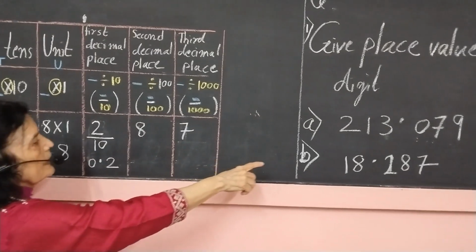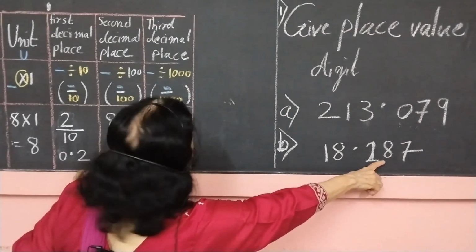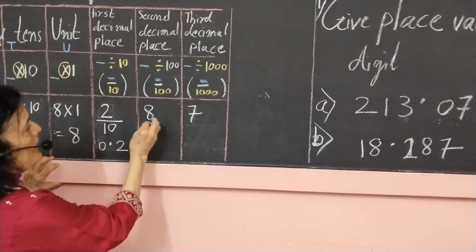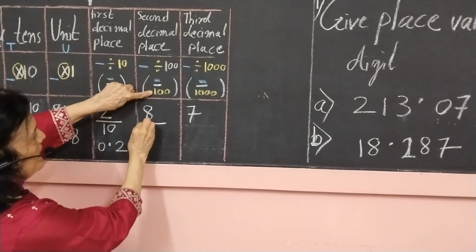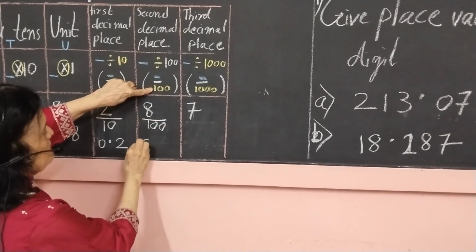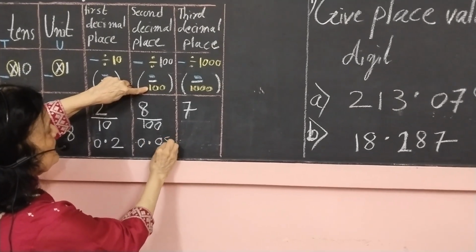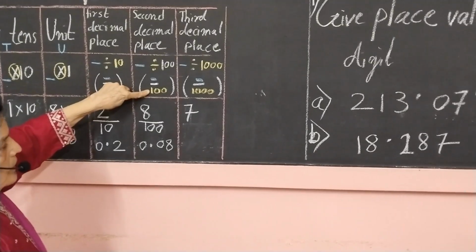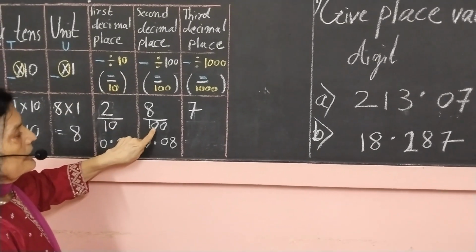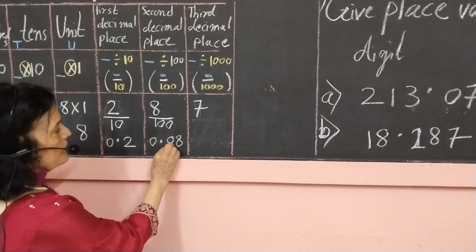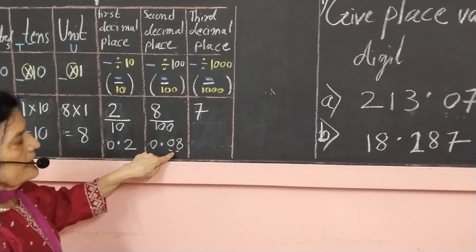Now the next, second decimal place, is the number 8. So 8 upon 100. So this we can write as 0.08, because here on 1 there are 2 zeros and hence we have to fill in 2 places here.